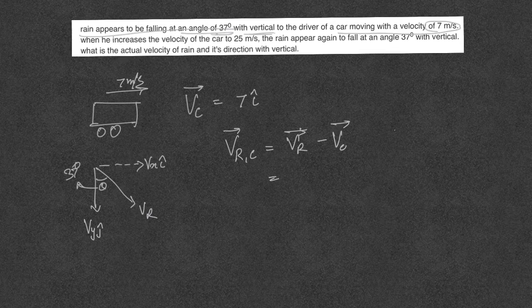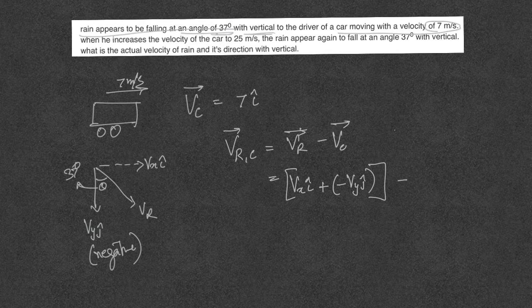So let the velocity of the rain be Vxi plus minus Vyj. Why minus? Because of the direction. If we take the downward direction as negative, upward as positive, right as positive, left as negative, then this is the velocity of the rain, minus the velocity of the car, which as you have seen is 7i.